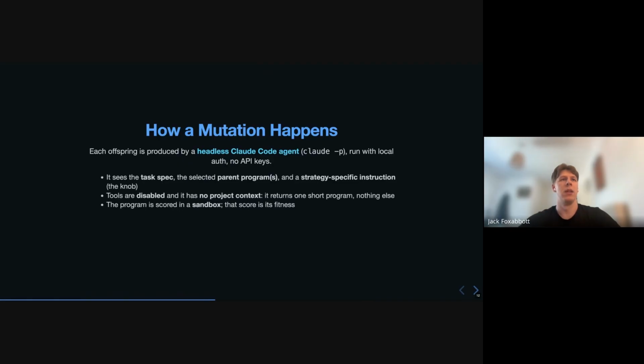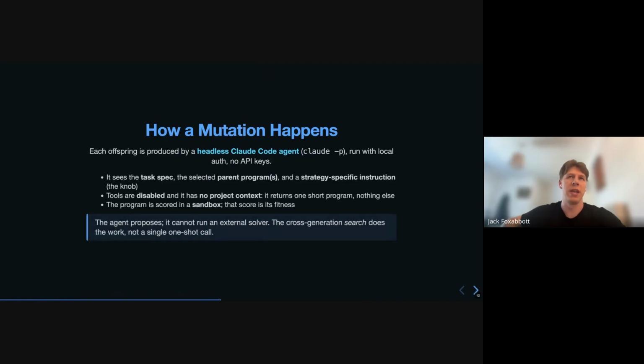Now on this slide, I'm going to explain how the mutations happen. They're quite simple. I've tried to keep it as stripped back as possible for the purposes of this talk. Each new child is produced by a headless Claude Code agent, and all it sees is the task spec, a description of the task, the selected parent program, or there might be multiple programs, and a strategy-specific instruction.